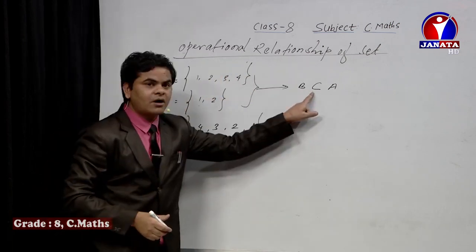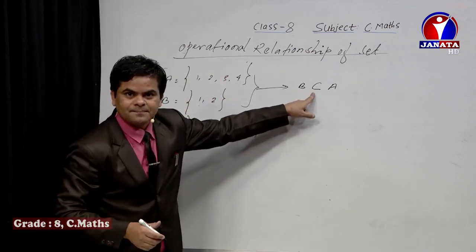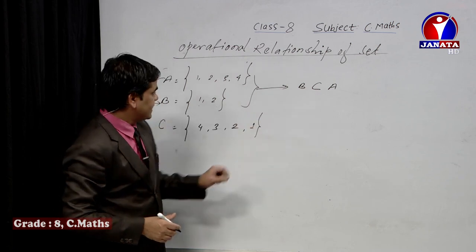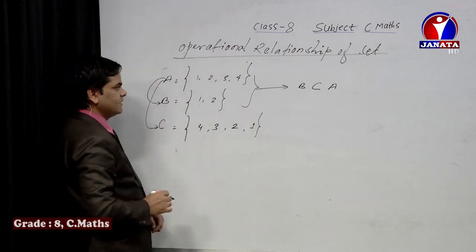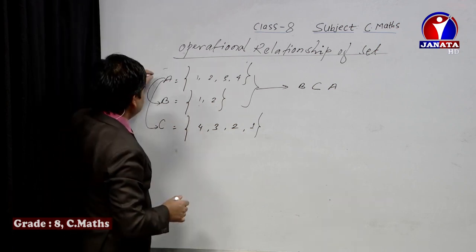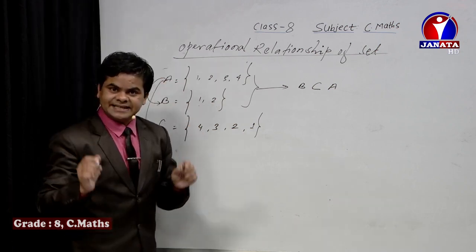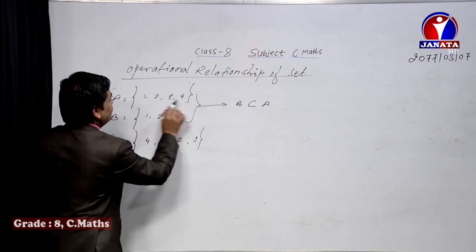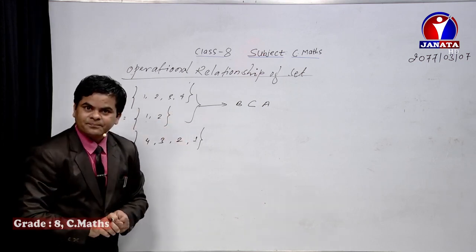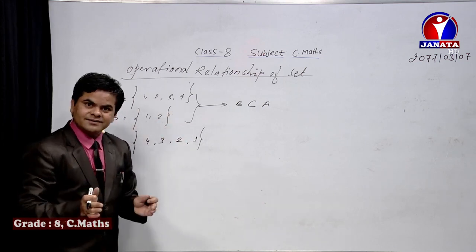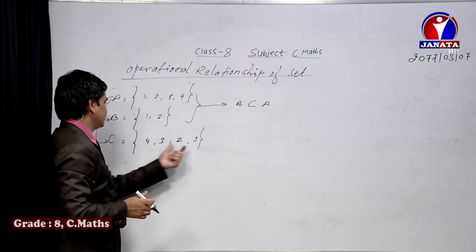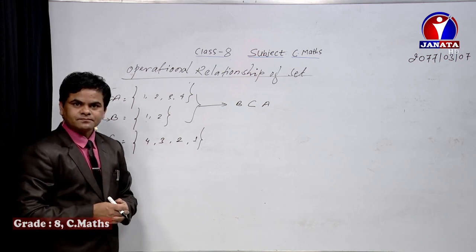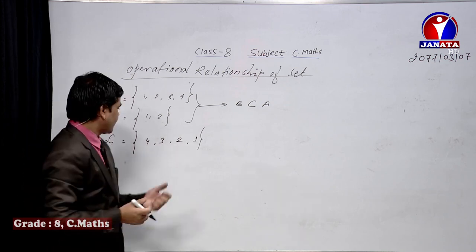This is the symbol of proper subset. Did you understand? Now, what's the relation between A and C? If you see the relationship between A and C, all the elements which are found in set A are present, although the positions differ.